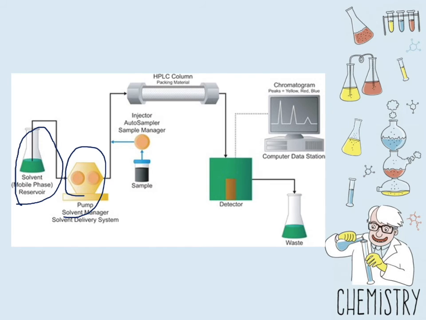And when the sample goes through here from the mobile phase reservoir to the pump, it will then reach the injector. This injector will be able to introduce the sample into the continuously flowing mobile phase. So from here to there, it will continuously go up until it reaches the HPLC column.